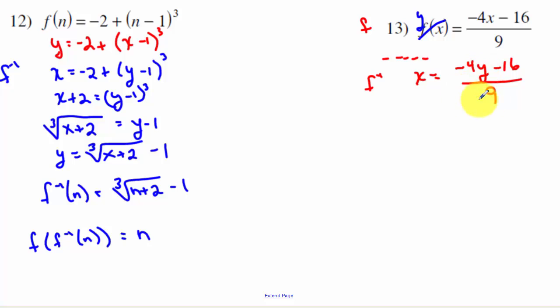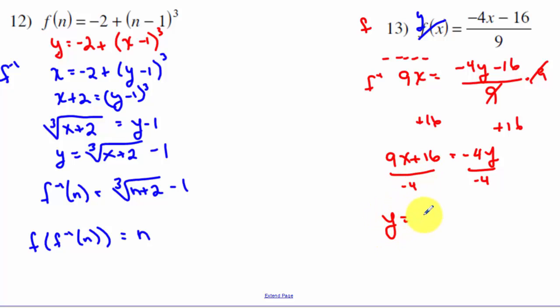So to solve this equation for y, I'm going to multiply both sides by 9. I'm going to now add 16 to both sides. So I've got 9x plus 16 equals negative 4y. And then we're going to divide by negative 4.